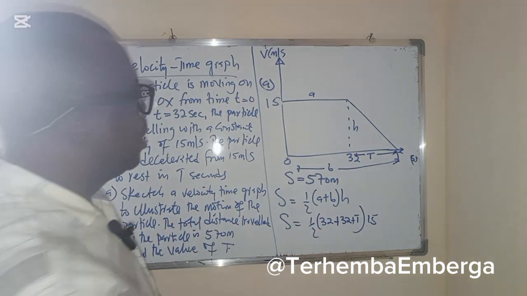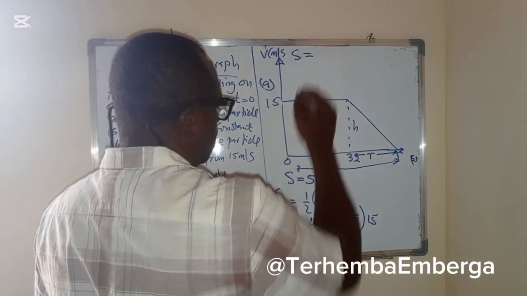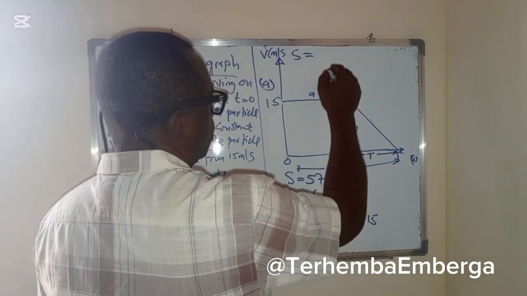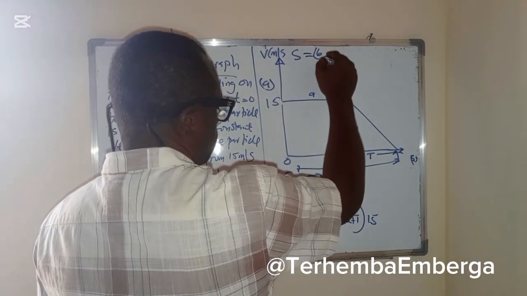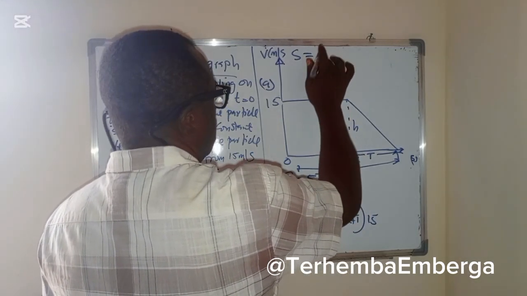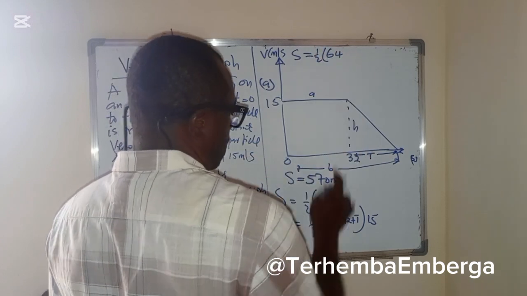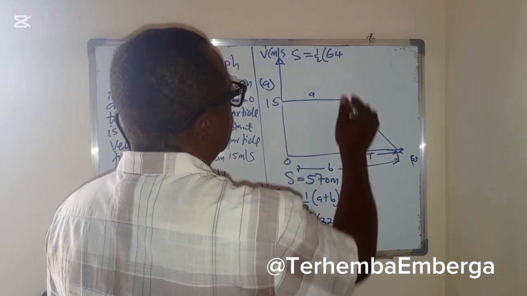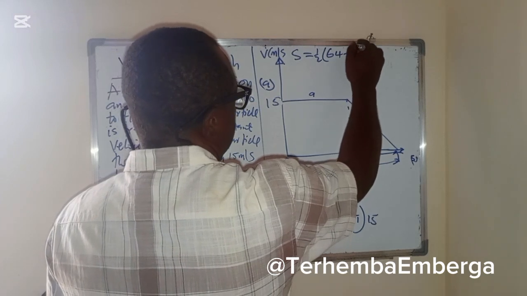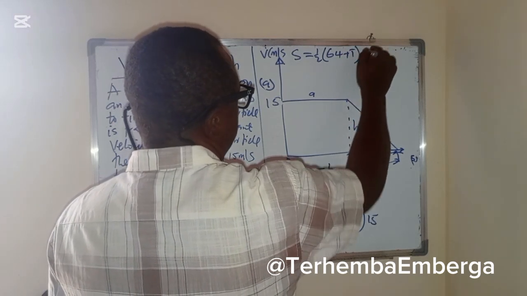So if you add this up, we can see that S is equal to half, 64, that is 32 plus 32 plus t, multiplied by 15.